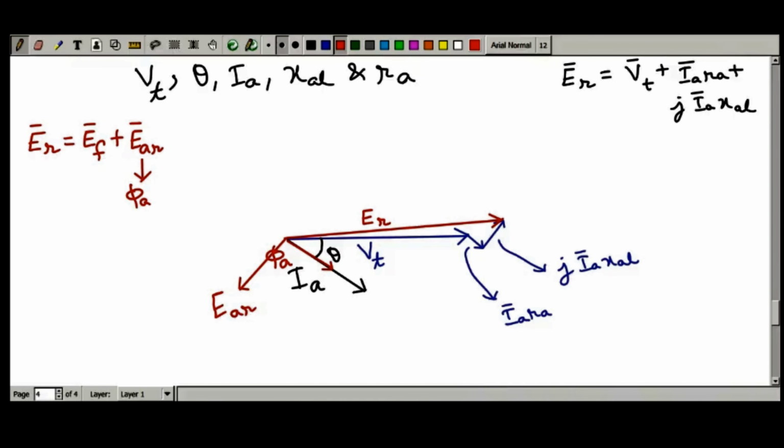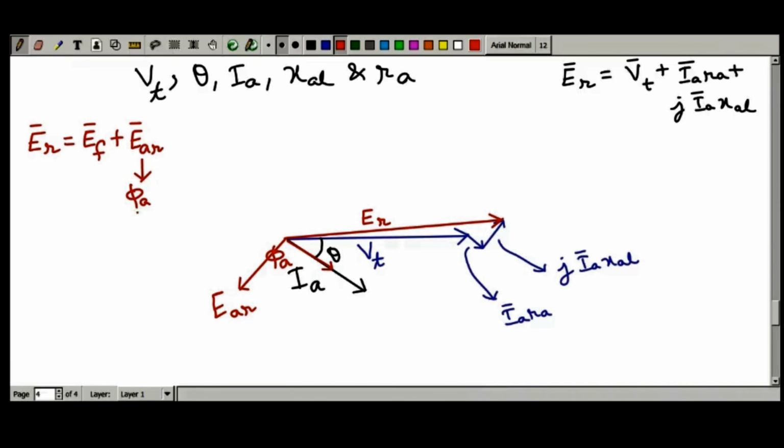But remember, the effect of armature flux is modeled by a voltage drop in a fictitious reactance.